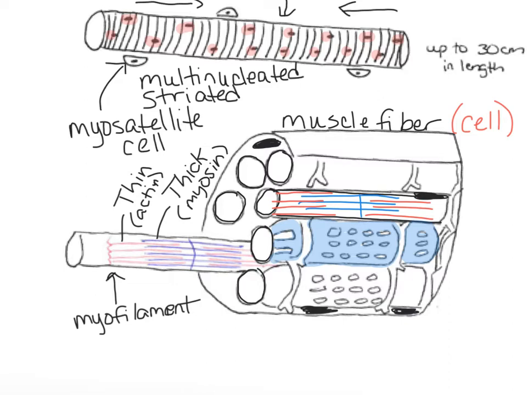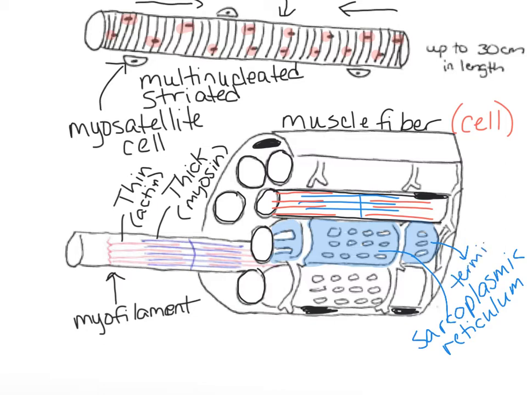So since this is occurring in the muscle, we're going to just call that the sarcoplasmic reticulum. Okay. And the sarcoplasmic reticulum comes to the end, the very end of the sarcoplasmic reticulum, right there. That's called the terminal cisternae.